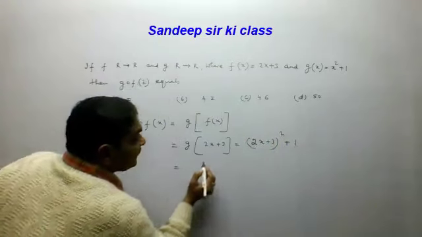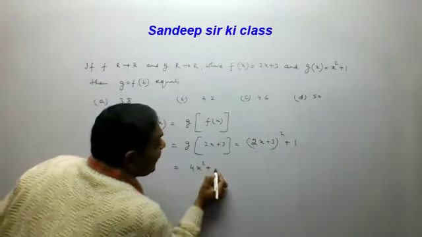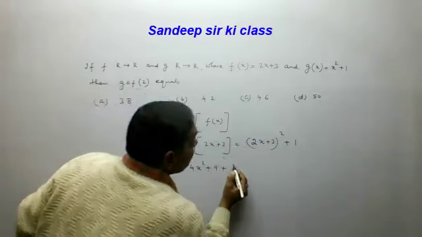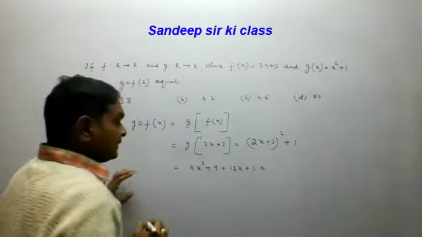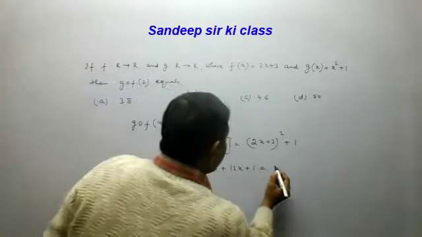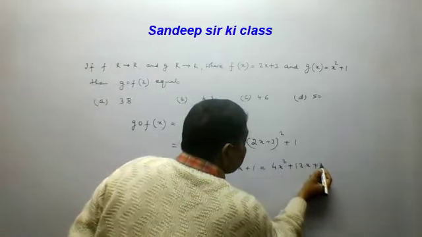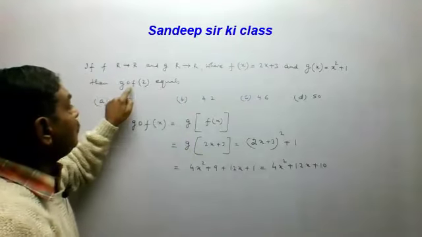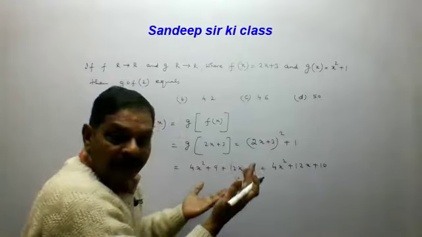Simplify this. This will be equal to 4x square plus 9 plus 2 times 2x into 3, means 12x, plus 1. This is equal to 4x square plus 12x plus 10. Now we are to calculate here gof of 2, means for x I am to write here 2.